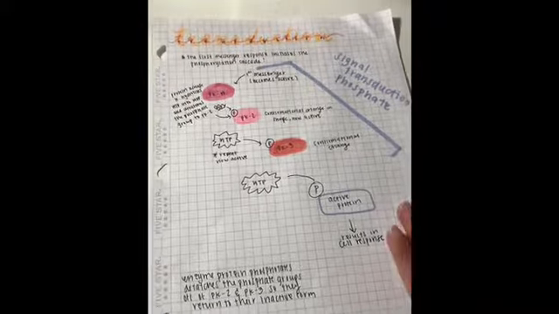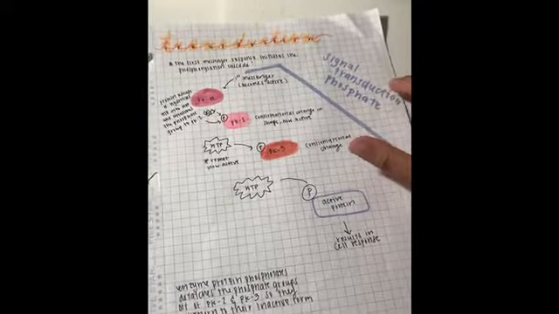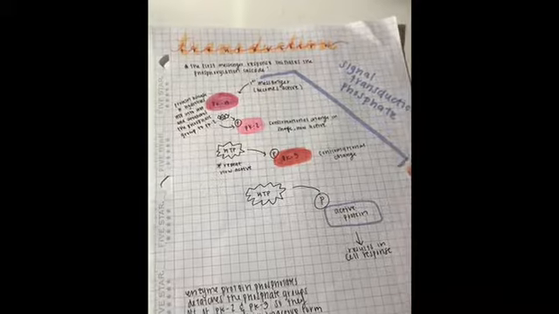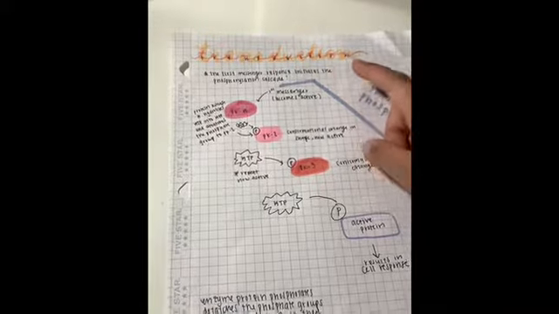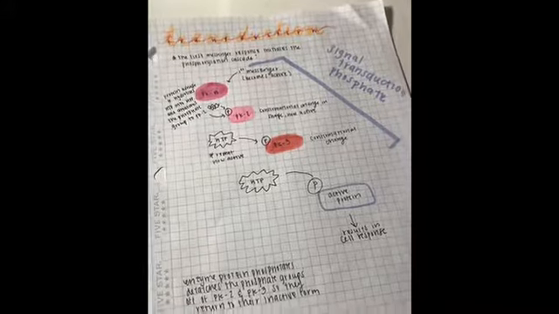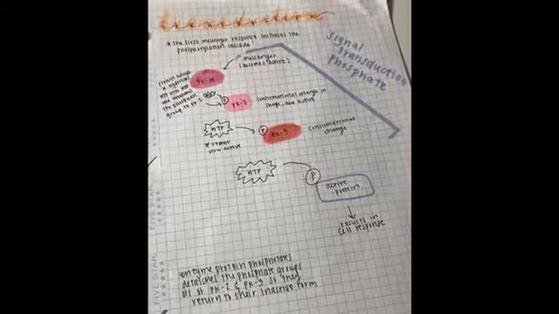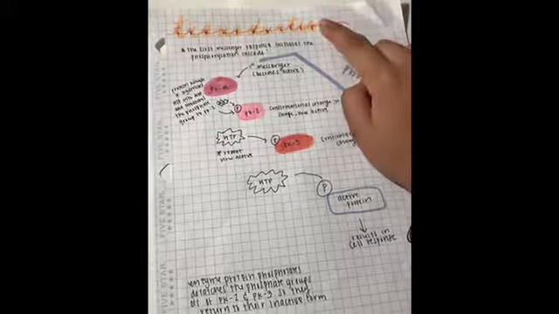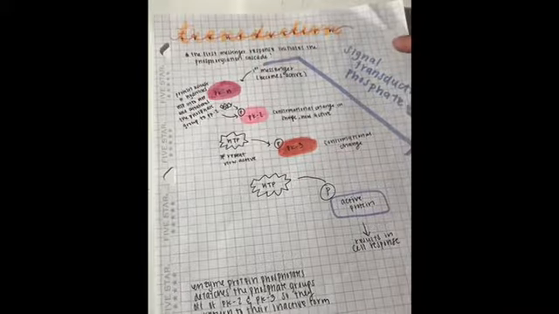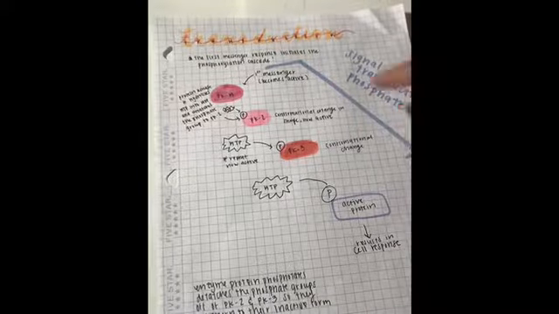So the signaling transduction phase is the same in all 3, but the message is obviously different for each of the signalings. So for example, we're going to use cyclic AMP. So cyclic AMP is a second messenger, and this will activate the phosphate cascade.